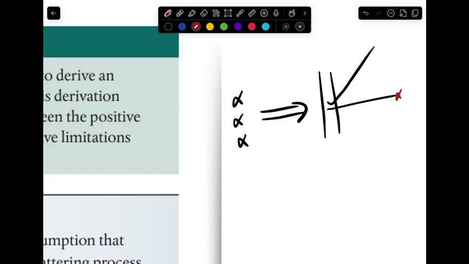Another conclusion he had was that there is a small, dense, positively charged center because these alpha particles are positive. And if there is a positively charged center, then positive and positive, they repel each other. So the alpha particles will deflect with large angles.